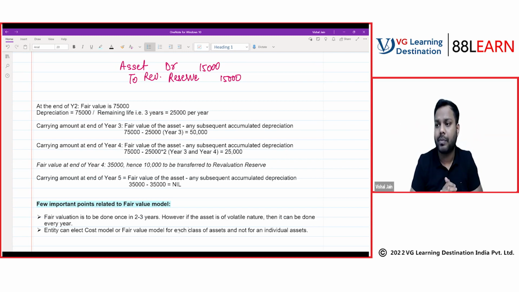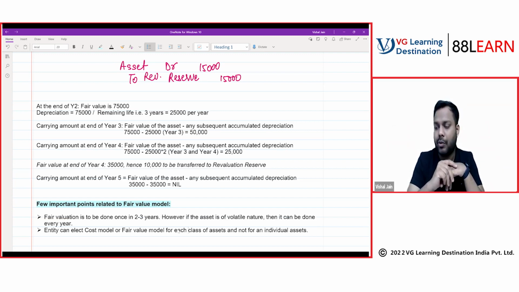If I am applying a revaluation model, it will be applied to all the assets in that class. Is it clear, everyone?